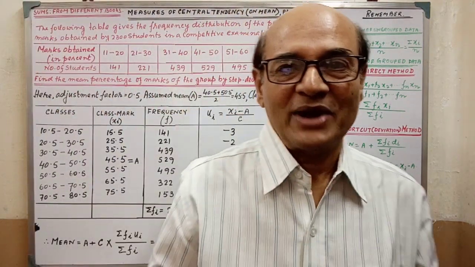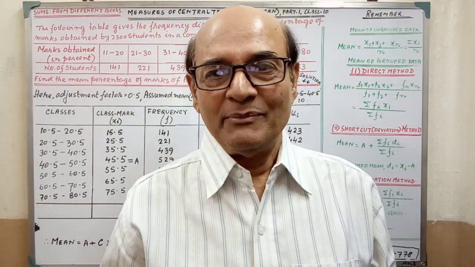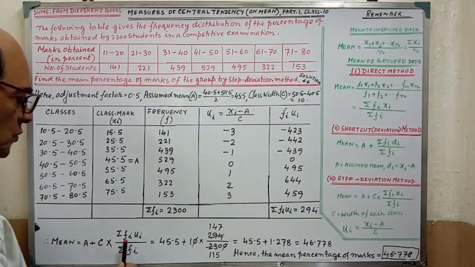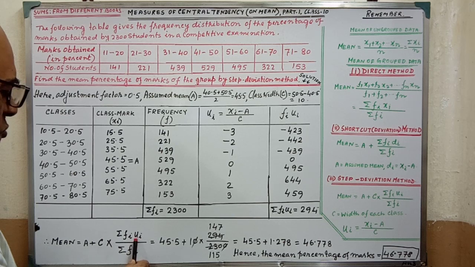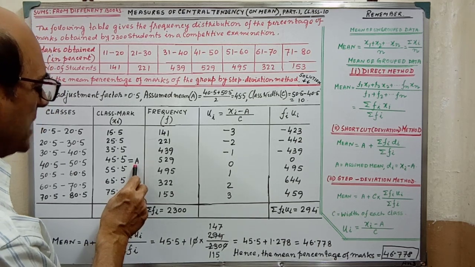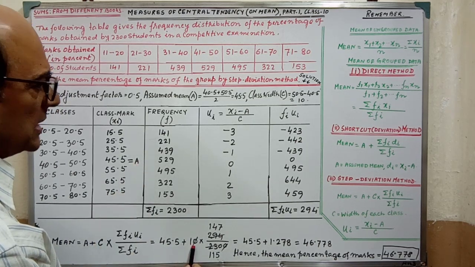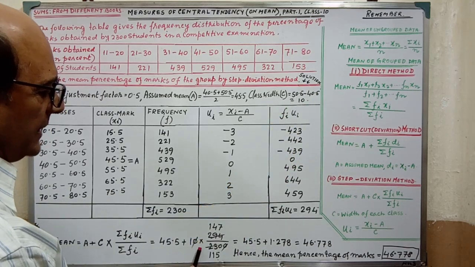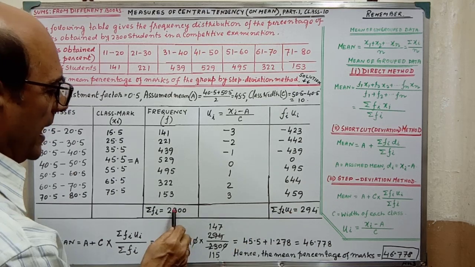Then we have to write the formula, that is mean equal to a plus c into sigma fi ui divided by sigma fi. After writing the formula, we have to put the relevant values, that is 45.5, that is the assumed mean, and c, that is the class width, and then we write this value and this value.